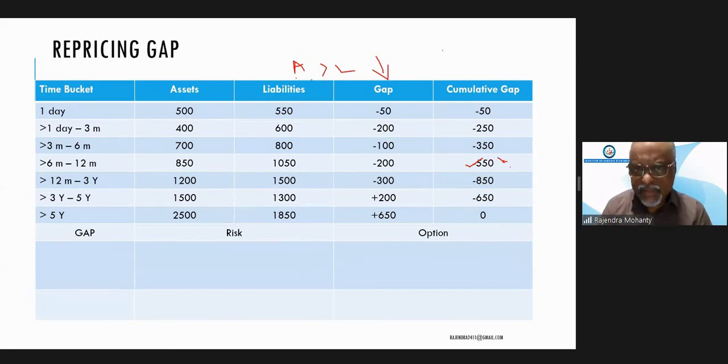When asset is more, liability is less, and the rate of interest goes up, we have an increase in NII. When liability is more, asset is less, and interest goes up, we have a reduction in NII. So you should remember these things and apply them logically.